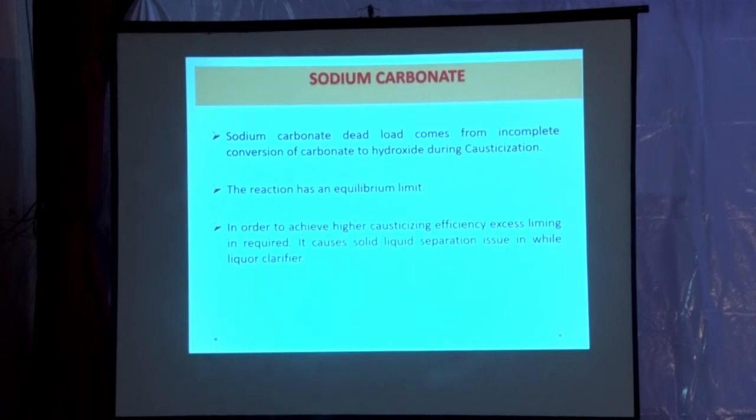It depends on the sulfidity, the active alkali, and the white liquor concentration. So you can go for any causticity which is suitable to you depending on the lime quality you are using, 82 to 85. If your causticity is less, you are putting in more dead load.